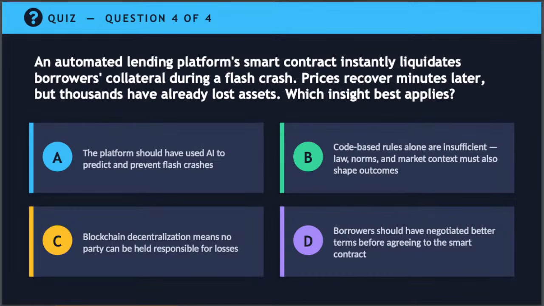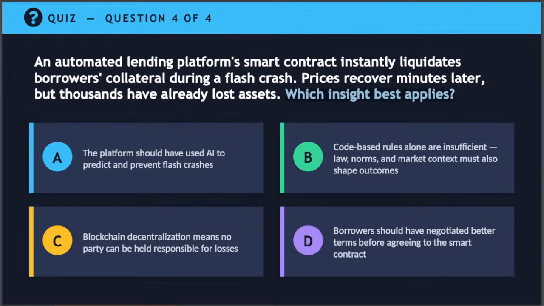Question 4. An automated lending platform smart contract instantly liquidates a borrower's collateral during a flash crash. Wow. Prices recover minutes later, but thousands have already lost their assets.